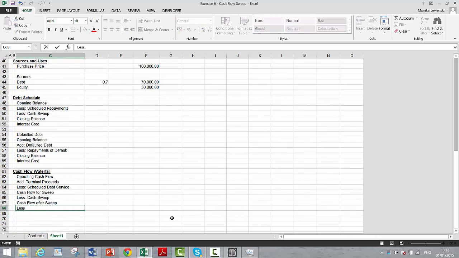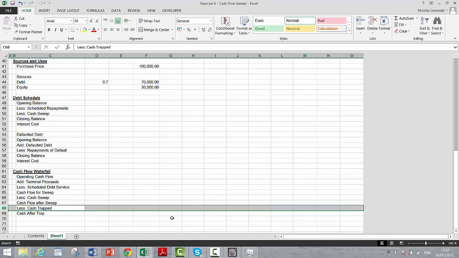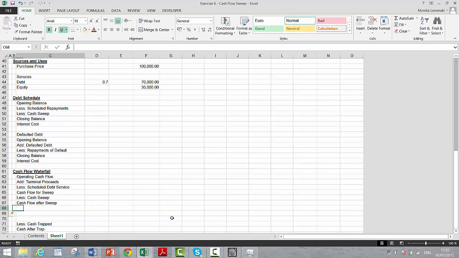Then we can put less cash trapped, and below the cash trapped we can put the cash after trap.